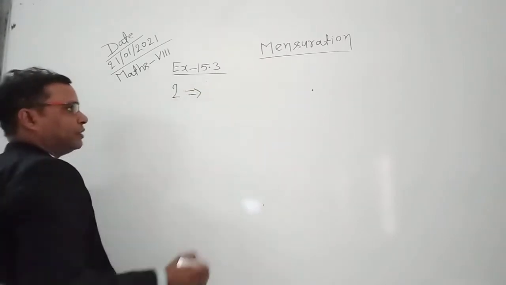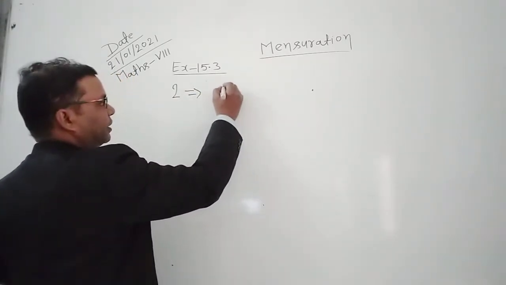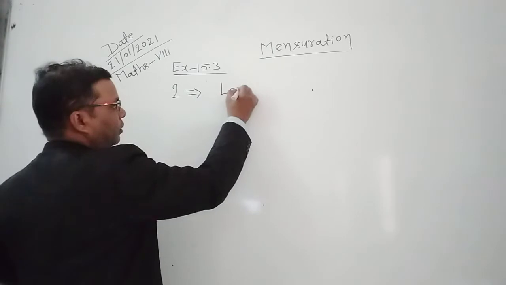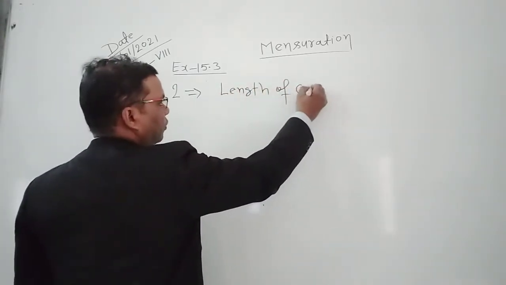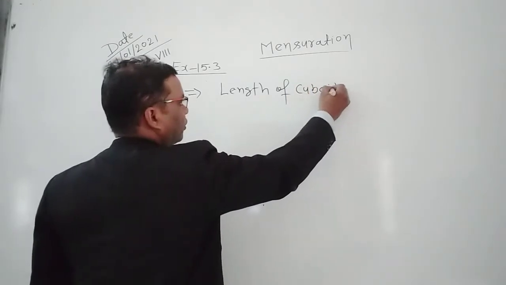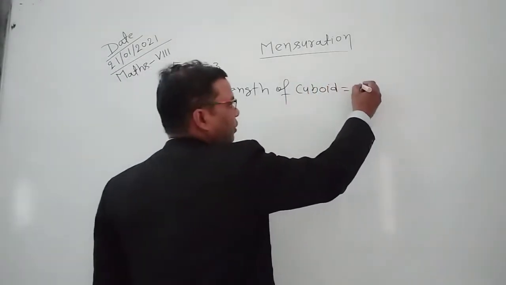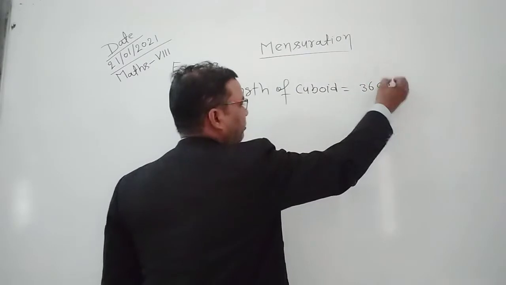So first we will write length of cuboid is equal to 36 centimeter.